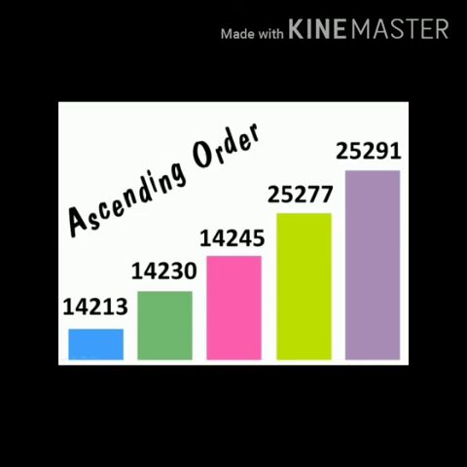In the given example, we will compare the numbers because number of digits are same, so we will compare the extreme left digits of the numbers. 14,213 will be written on the first place. After that 14,230, then 14,245. After that 25,277 and last number will be 25,291.